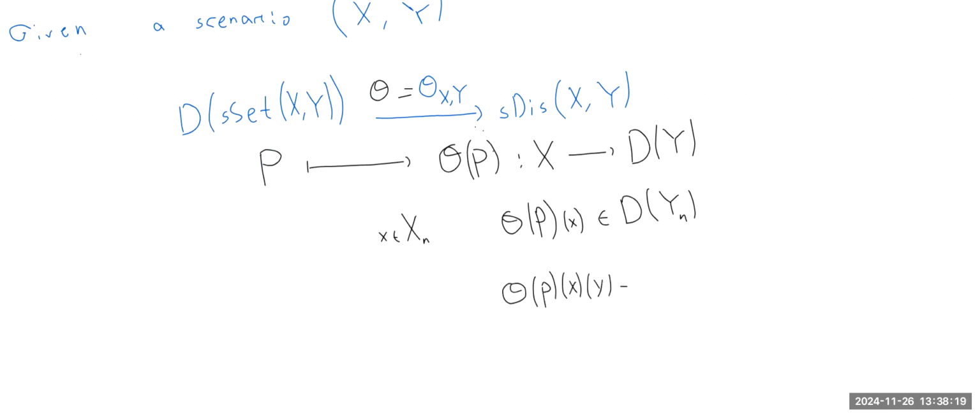It's supposed to be a number between 0 and 1. So we take the sum over all phi, of P(phi), the same P from here, where phi is a simplicial map from X to Y such that phi of x gives me y, that is, phi(x) = y.